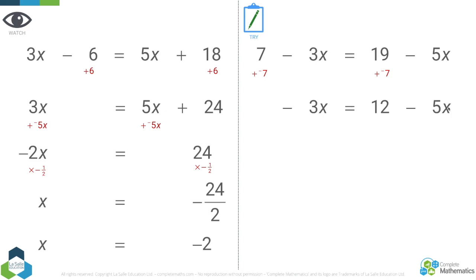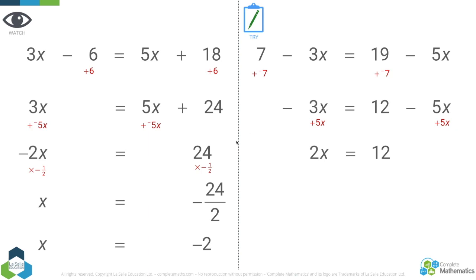The -5x is something I don't want to be there because I want to isolate the 1x on the left hand side. So let's add 5x to both sides, which is going to allow me to do some zero pairs here. So I've got -3, +5, which leaves me +2x, and that is equal to 12.